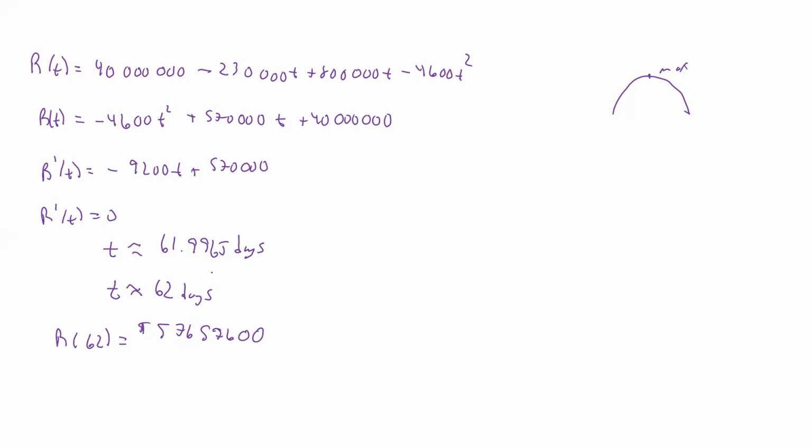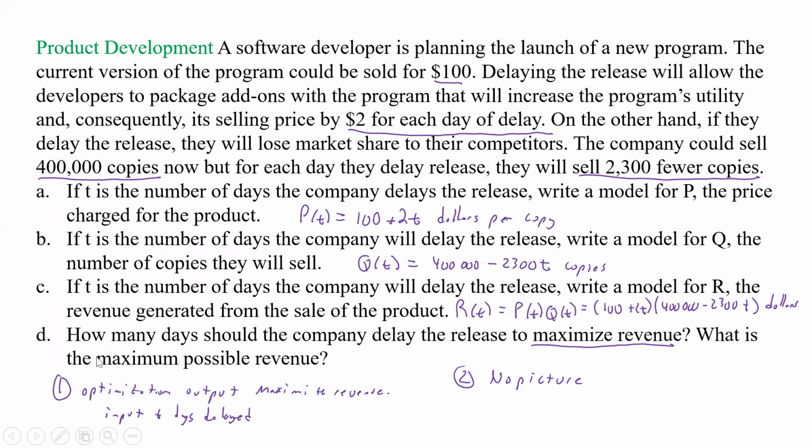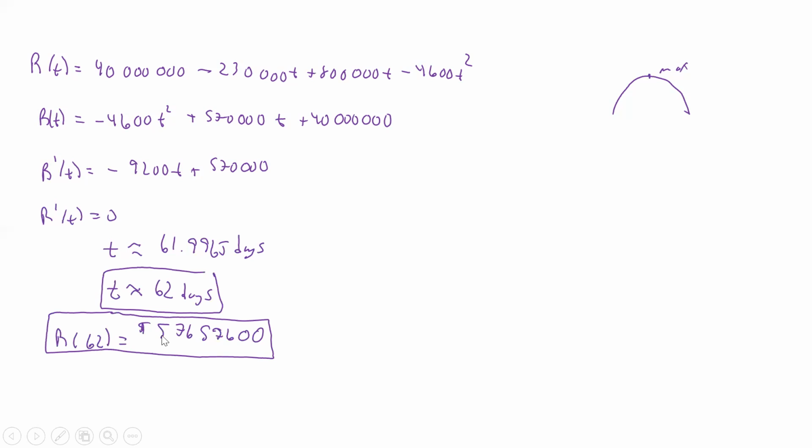Okay, so that is how much my revenue will be. So that's my number of days, and that's my revenue at that day. And so how many days should the company delay the release? 62 days. What is the maximum possible revenue? $57,657,600. And that would be how I would solve that one.